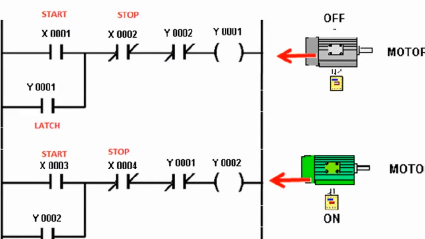For those of you who've done your star-delta circuit, which is your start-star, delta-stop, remember you have to have interlocking switches so that when one contactor is on, the other is off. Or when motor A is running, motor B must be off, and also, if motor A is running, I can't start motor B. Those kinds of scenarios. For that, you need to know an interlocking circuit, and I'm going to discuss that with you.